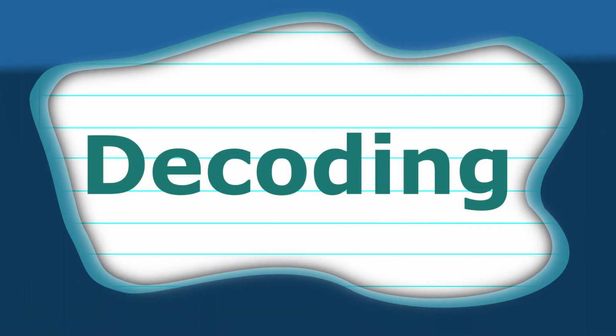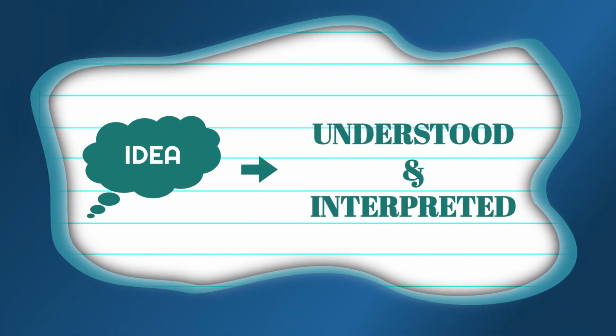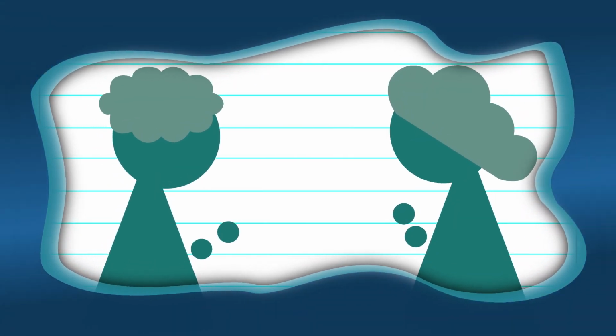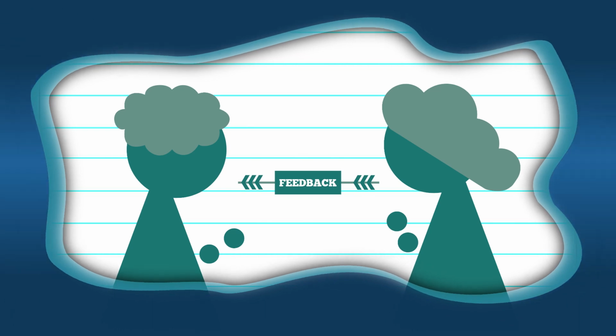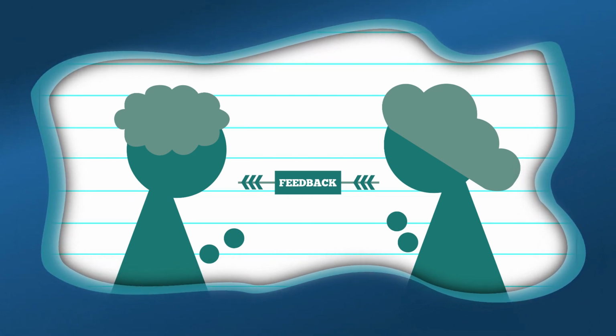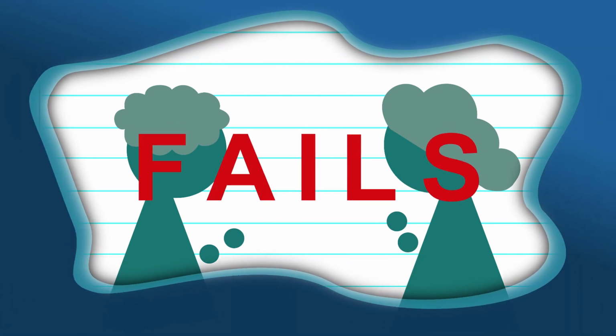When we say decoding, it is when this idea or information is understood and interpreted by the receiver. Hence, the receiver must be able to send feedback to the sender in order to complete the process. Otherwise, the communication transaction fails.